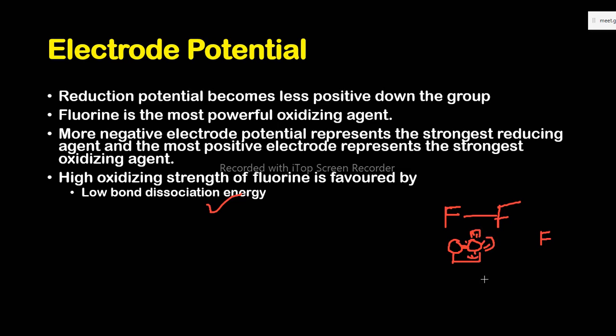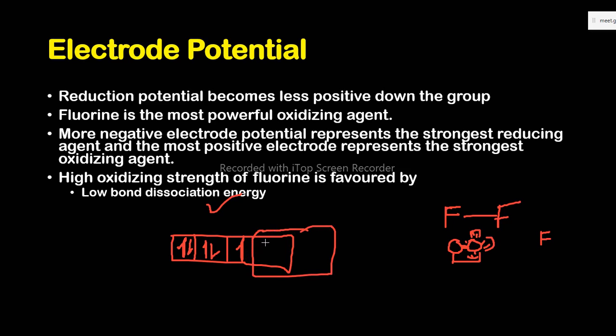For those who are absent, this is how we can illustrate that. This is fluorine, this is another one, and you have used one electron to overlap to form a covalent bond.